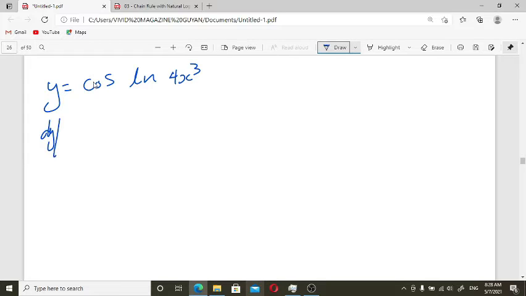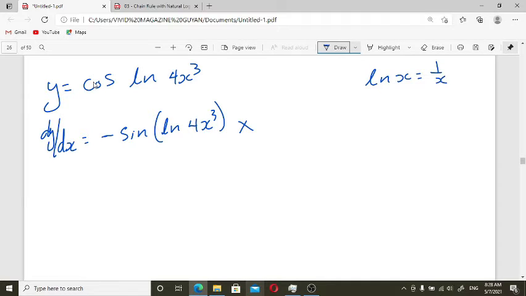So dy upon dx is equal to the derivative of cos, like I said before, use a table, which is going to be minus sine, and you write back your ln of 4x cubed. Now this is going to be multiplying ln, so remember this again, ln x is equal to 1 over x, so this is going to be 1 over 4x cubed, which is now times by the derivative of this, 12x squared.